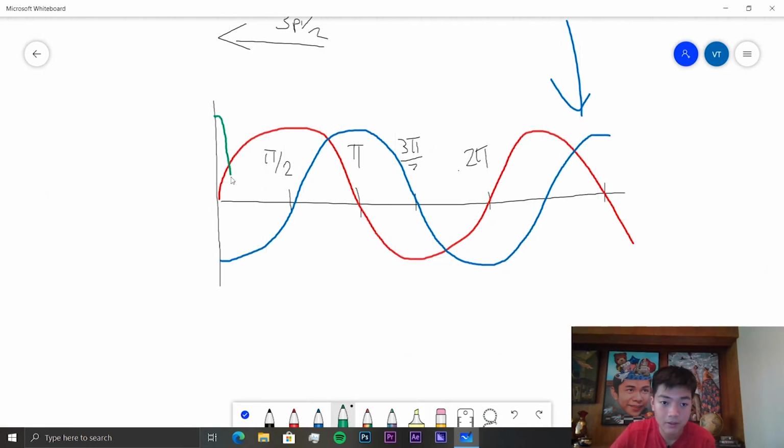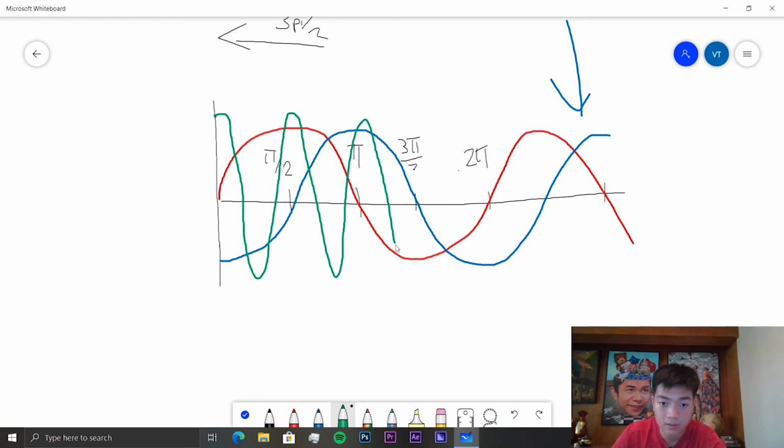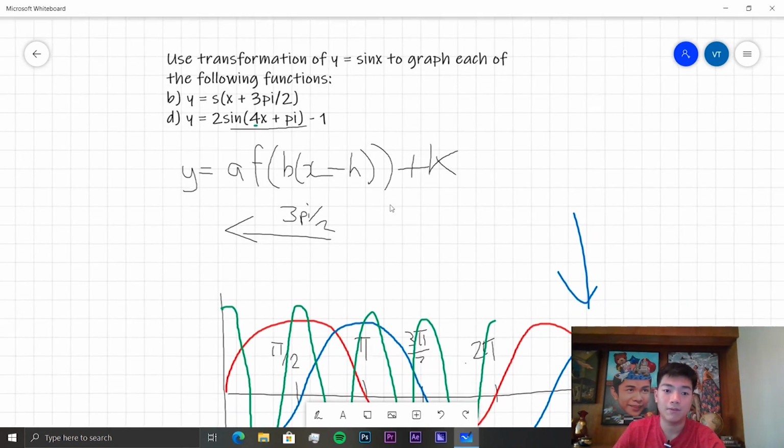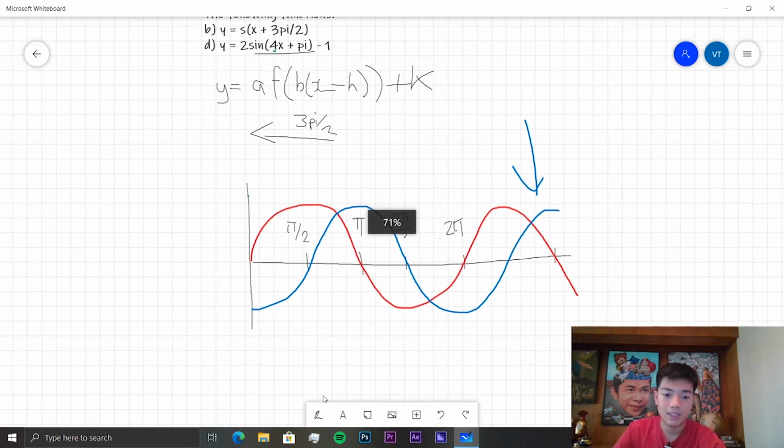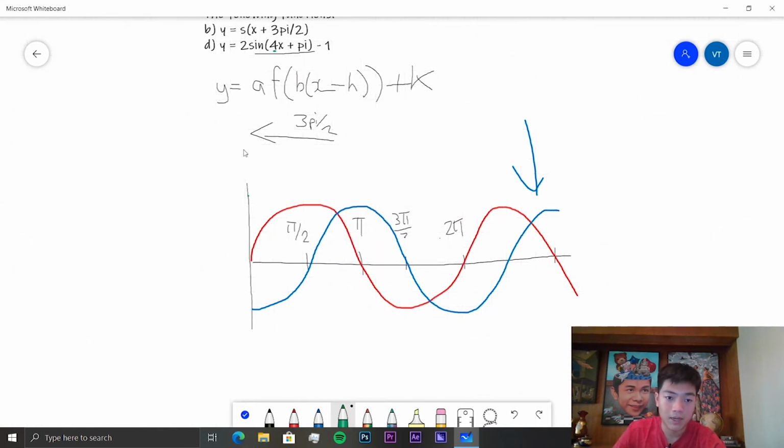So if we go down, and then, let's see, 4 times the graph, so the original graph would complete this cycle in that space. It would look something like this. So this would be the graph of this first part, but now we multiply it by 2. So this means we actually increase the amplitude by a factor of 2, so that's the original peak.